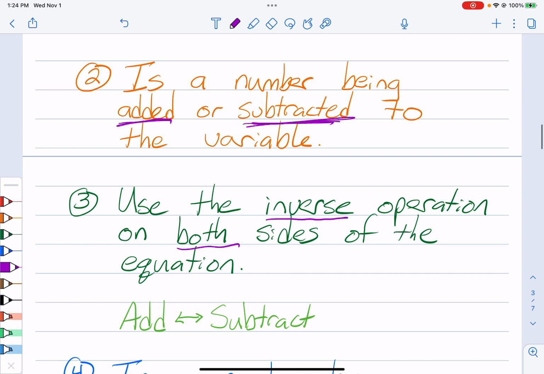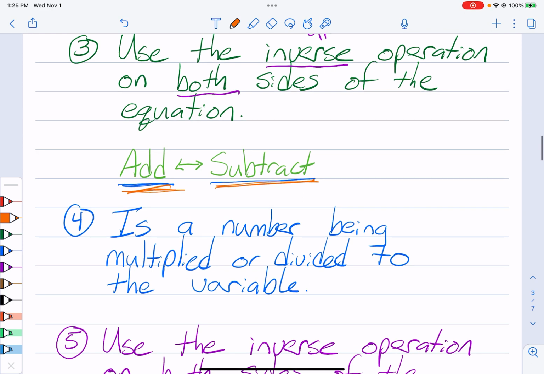Now, an inverse operation you might have also heard as an opposite. Addition and subtraction are inverse operations. They're also opposite operations. So if you see that there's a number being added to the variable, you're going to subtract it from both sides. If you see something is being subtracted from the variable, you're going to add it to both sides. They go back and forth.